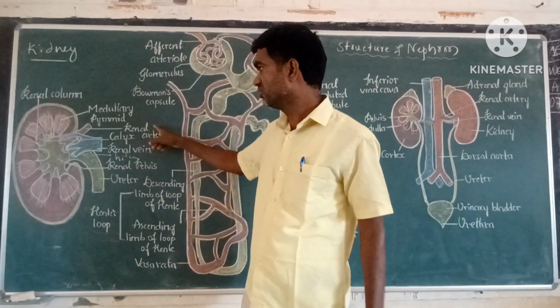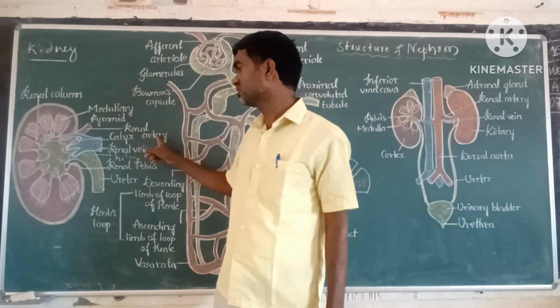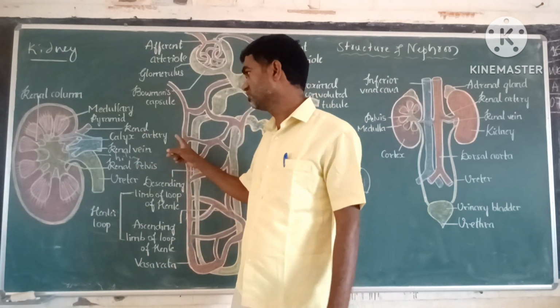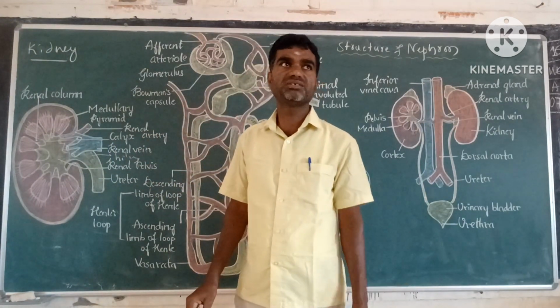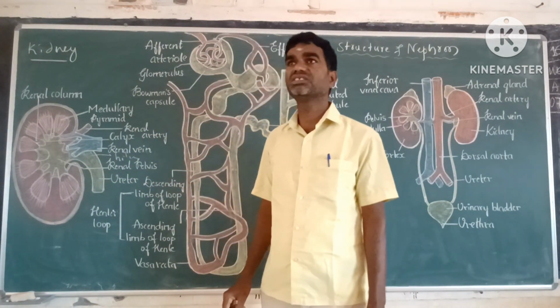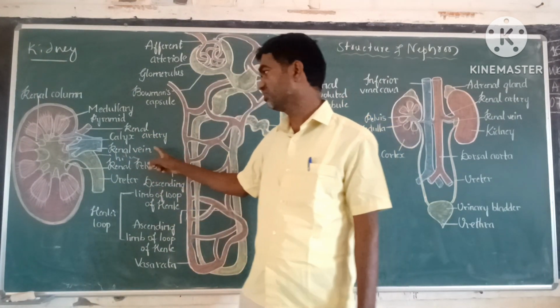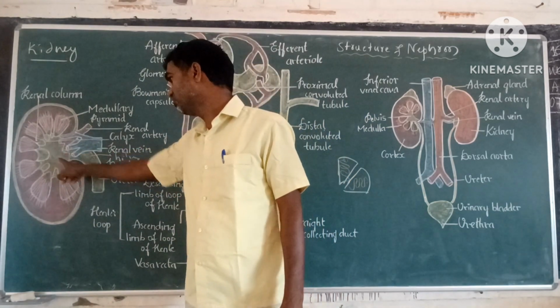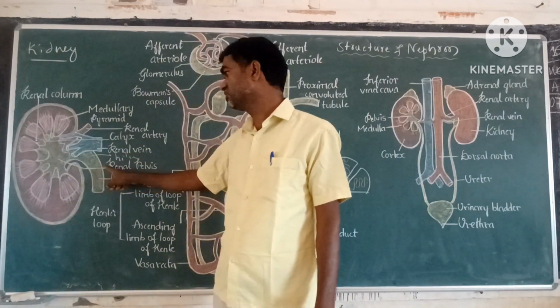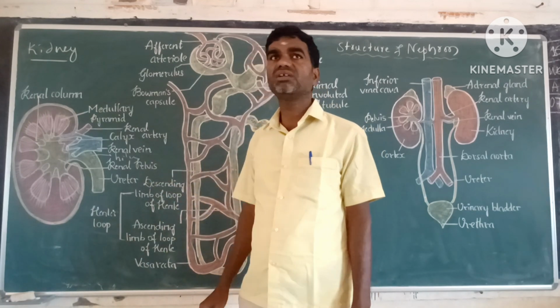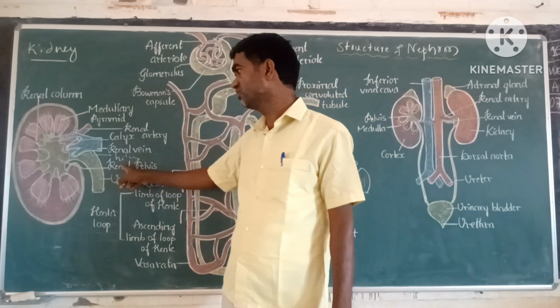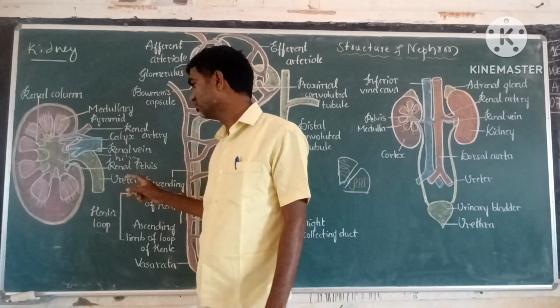Renal arteries and renal veins are there. Renal arteries supply oxygenated blood, and veins carry deoxygenated blood. From the hilum, the extending part is a cup-like structure called the renal pelvis.